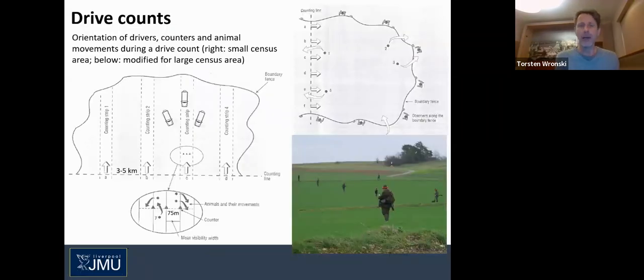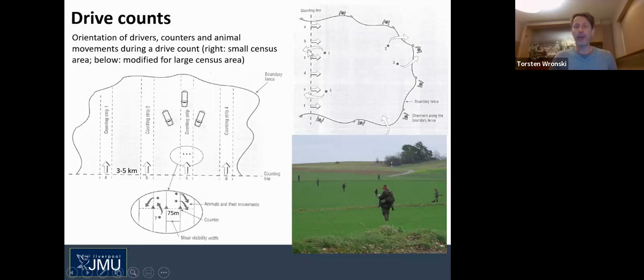Let's have now a look at the different counting methods usually applied. First, the drive count. Drive counts are carried out by a line of drivers. These are usually people walking in a line parallel to each other in a certain direction, and therefore driving the animals towards observers here at the fringe of the count area.